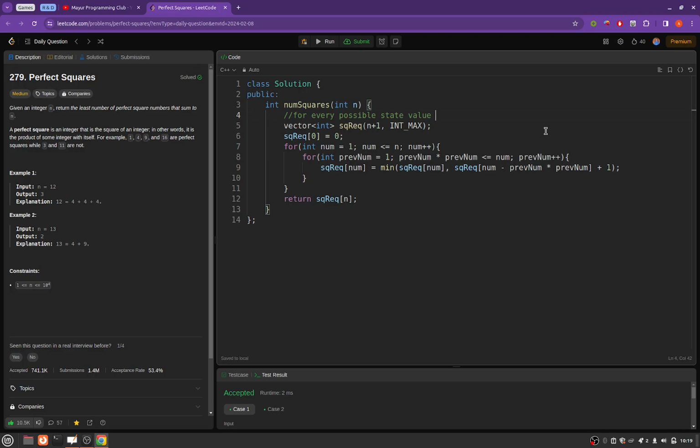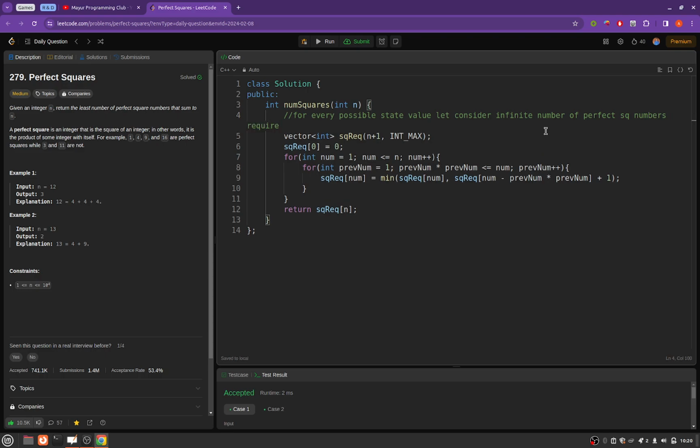Okay, for every possible state let's consider infinite number of perfect square numbers required. Since int max is very much greater than 10 raised to power 4, that's why we have taken this limit. So you can say roughly it will be infinity for this particular problem.